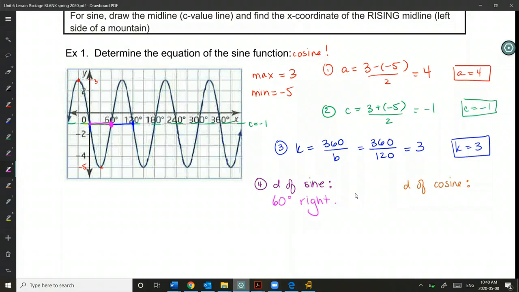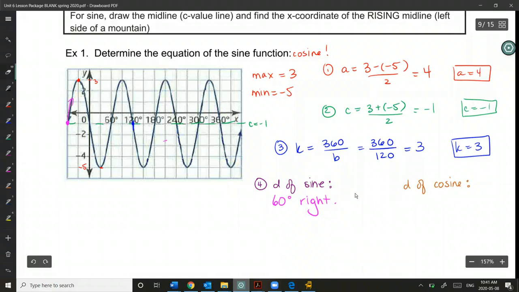Now there are actually infinite answers for this because there are infinite rising midlines. So if we look at maybe another option here, this is also a rising midline. So I could also say 180 to the right. Another option could be to the left of the y-axis. I see one right here that looks like it's at negative 60, and that's also a rising midline.